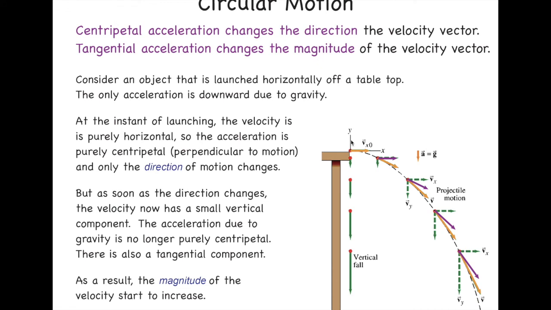So at the instant that it's launched, the velocity is purely horizontal by our design. So the acceleration, which is purely vertical, is a purely centripetal acceleration, right? Because it's perfectly perpendicular to the motion. And that was our definition of a centripetal acceleration. That effectively only changes the direction of the motion, because that's what centripetal acceleration does.